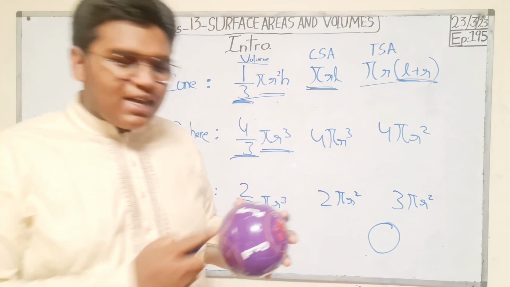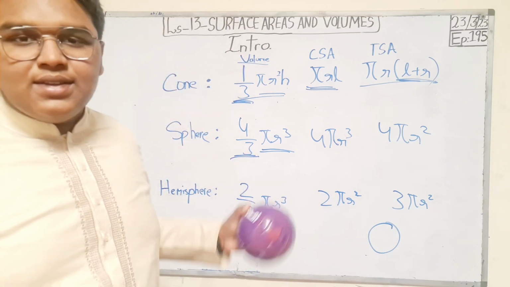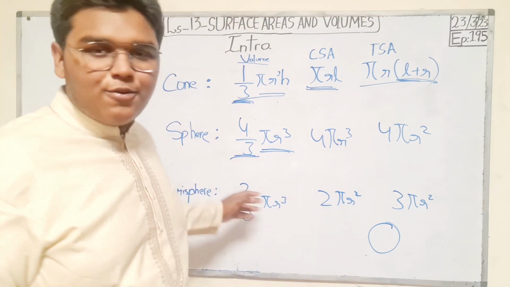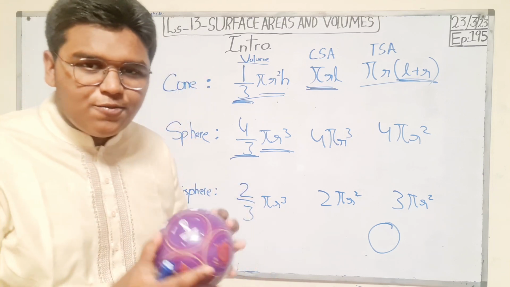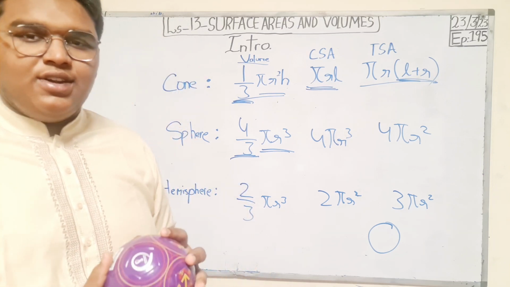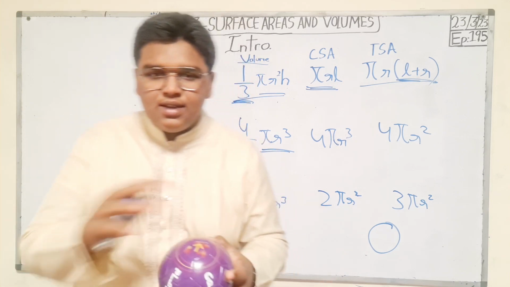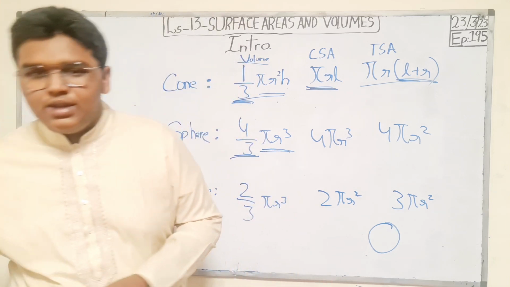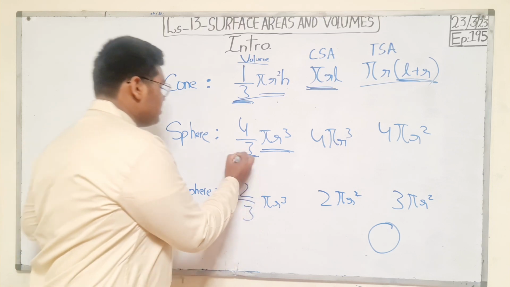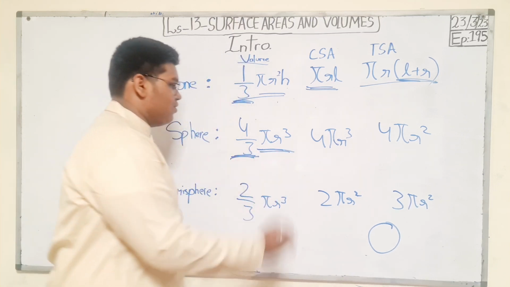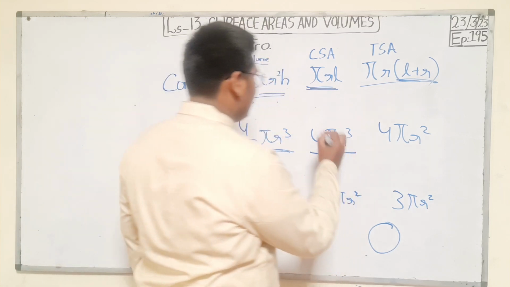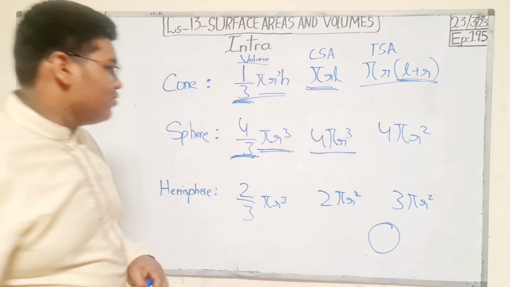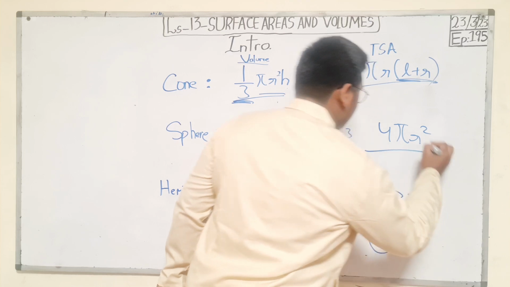If we look at it carefully, here we get 4 by 3 pi r cube, right? Here we don't have any edge or corner, so we can directly write the volume of the sphere as 4 by 3 pi r cube. Then the CSA is 4 pi r square, and the TSA is 4 pi r square.